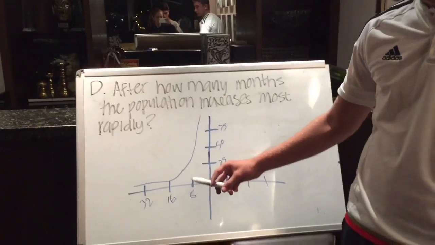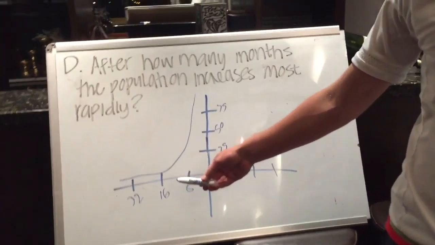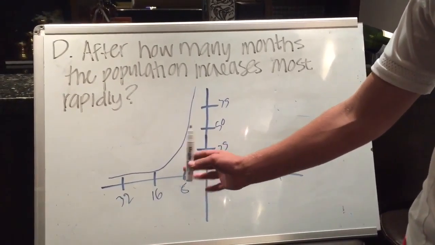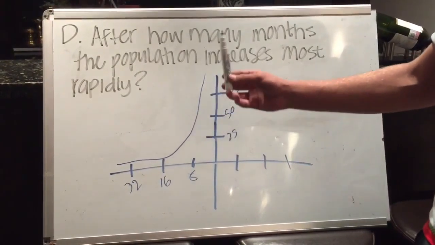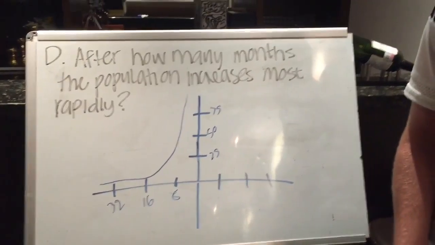Here, we can observe that between months 0 and 16, our graph has a bigger slope, which means that between months 0 and 16, the population is increasing most rapidly. After these steps, we have solved the 4 problems of our equation. Thank you.